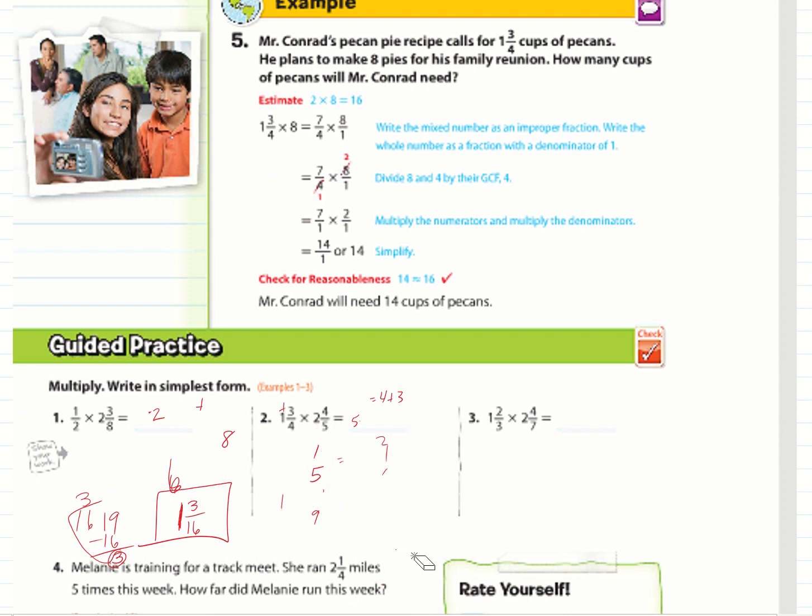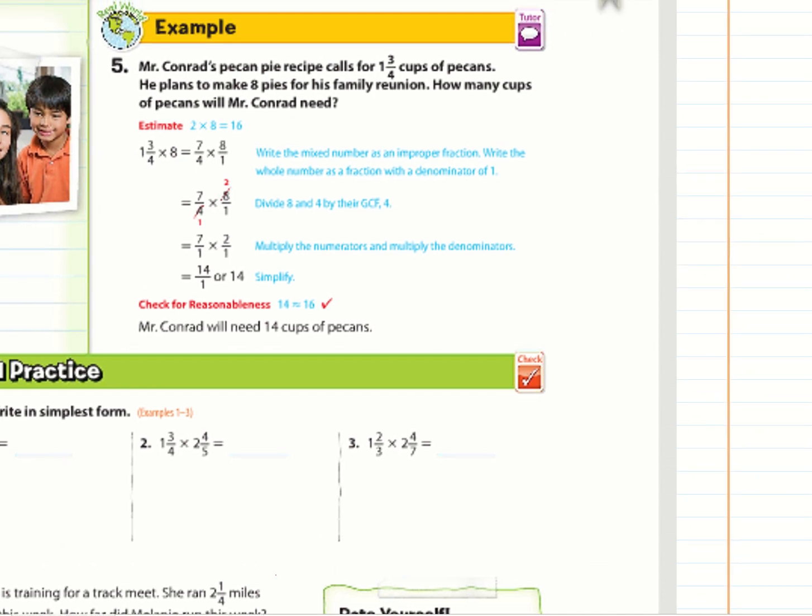Okay, so we're going to do example 5. It says, Mr. Conrad's pecan pie recipe calls for 1 3/4 cups of pecans. He plans to make 8 pies for his family reunion. How many cups of pecans will Mr. Conrad need? So we have 1 3/4 times 8. So 4 times 1 equals 4, plus 3 equals 7.